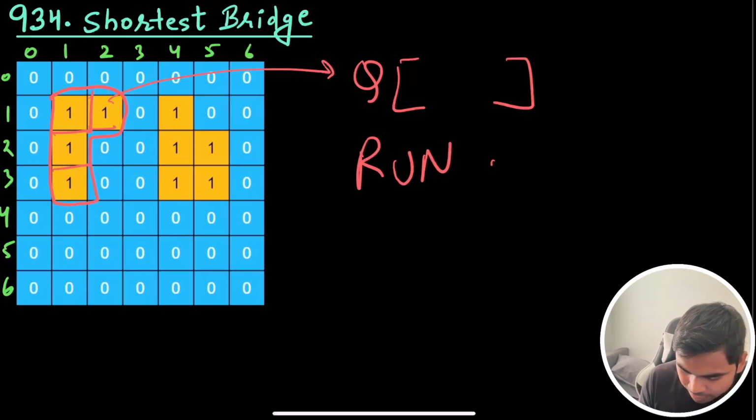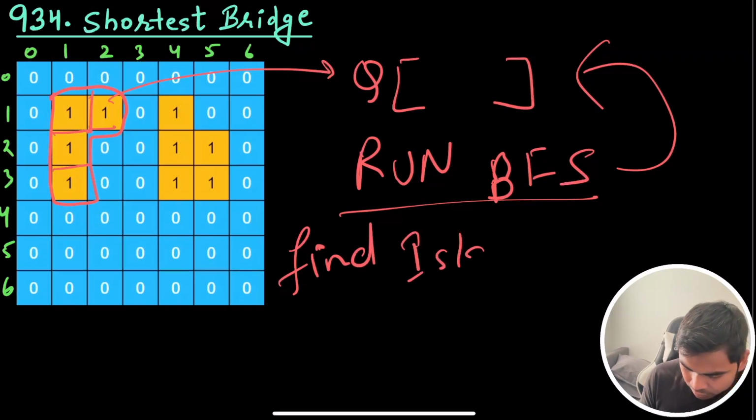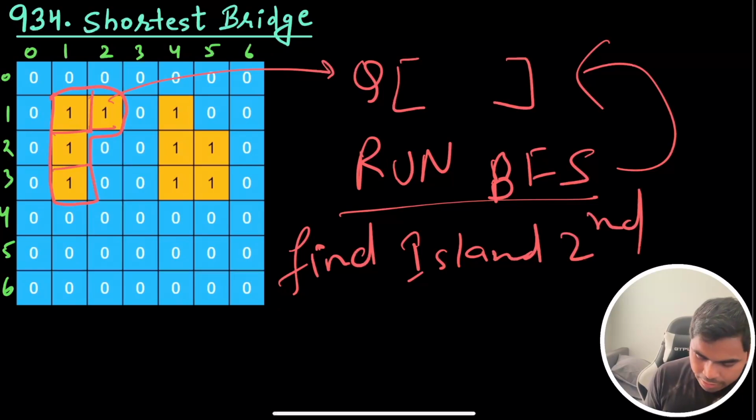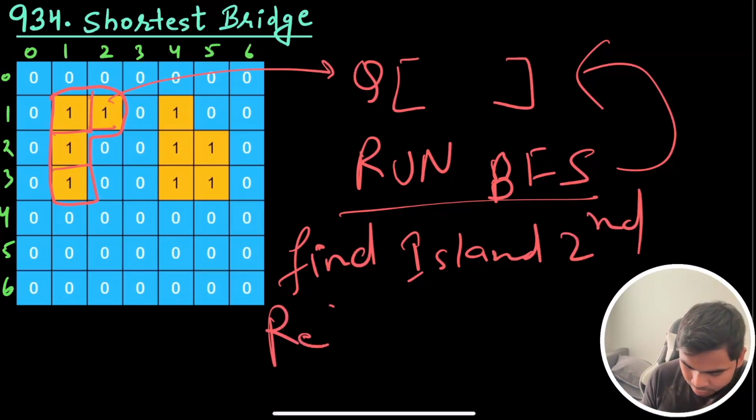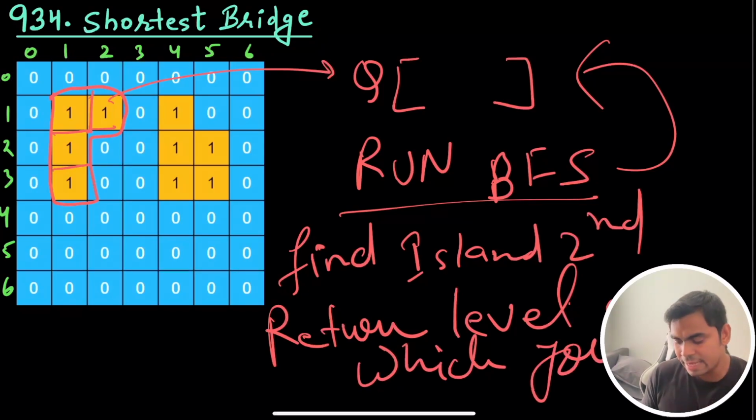After running BFS on this queue, you will find the second island, and then you return the level at which you found it, because it's guaranteed that we will be given 2 islands in this water, and we first find the first island and then try to find the second one by running the BFS.